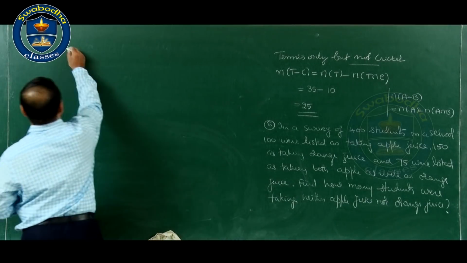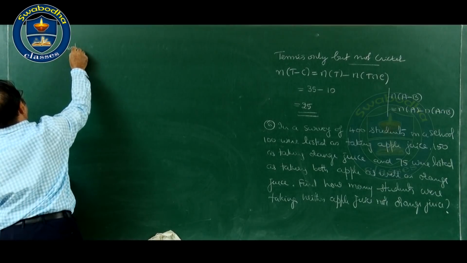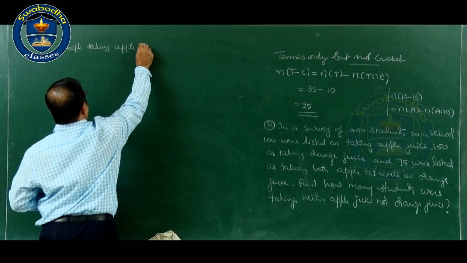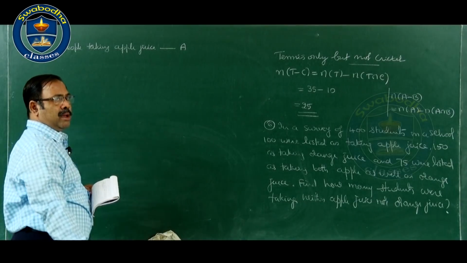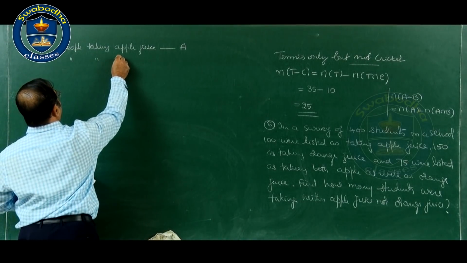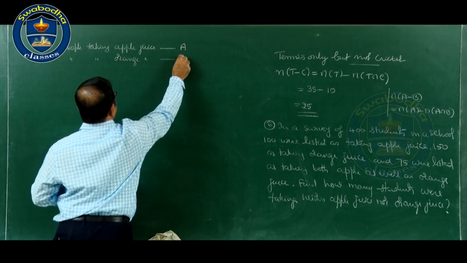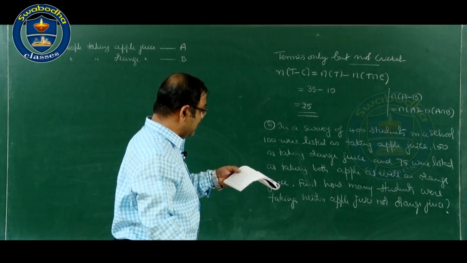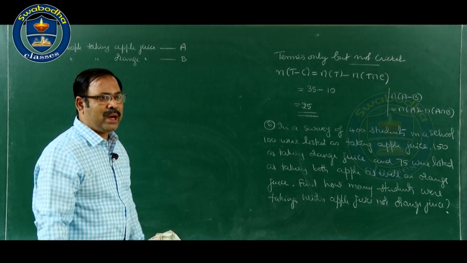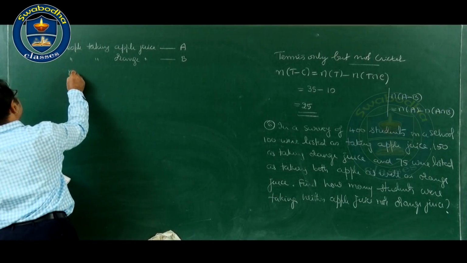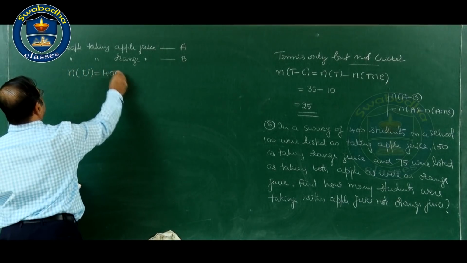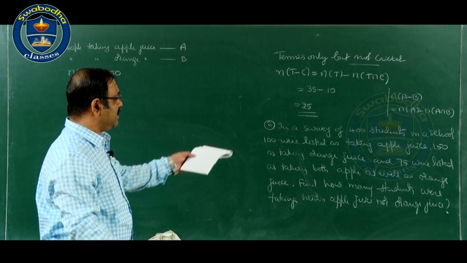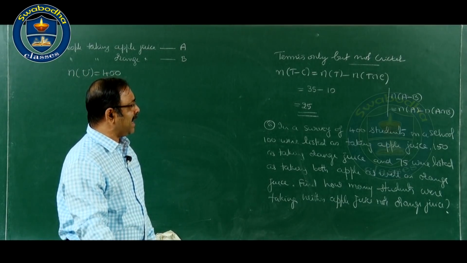People taking apple juice, I write as A. People taking orange juice, I write as B. It is the students of a school, therefore I am writing this as the universal set, N of U. They have not given anywhere that at least they like one of the drinks.